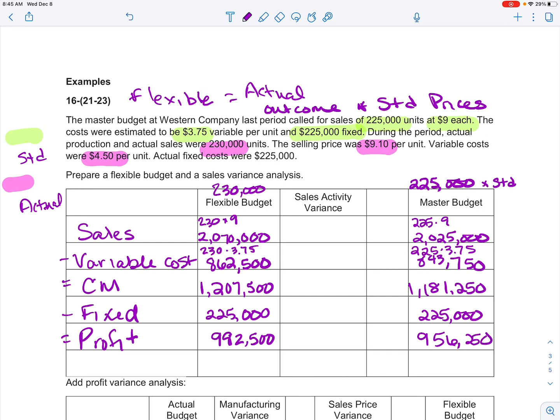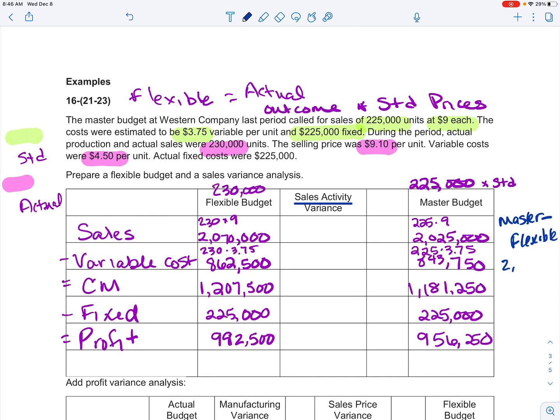So now what I'm going to do is go through and see what that sales activity variance is. So I'm taking my master budget, subtracting that flexible budget. So for that first one, I would take the 2,070,000 versus the 2,025,000.